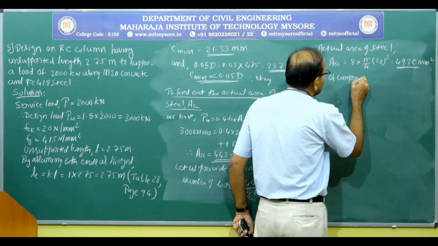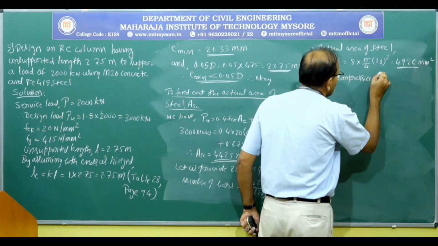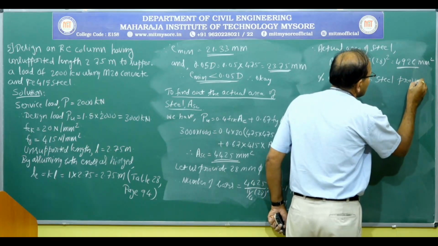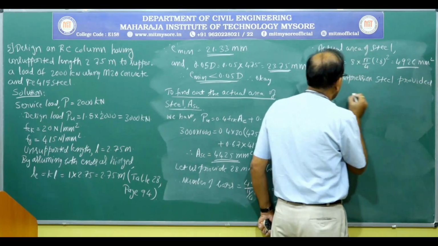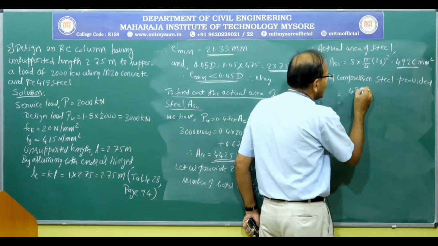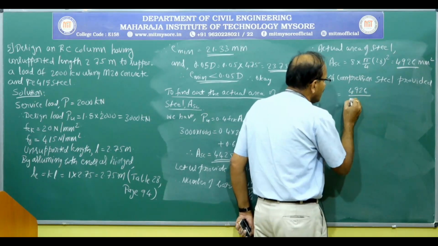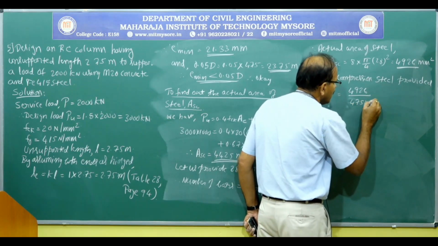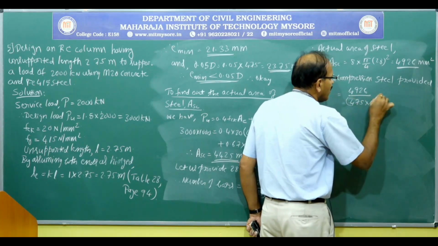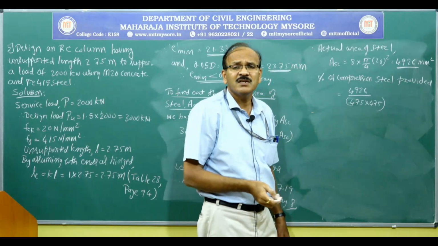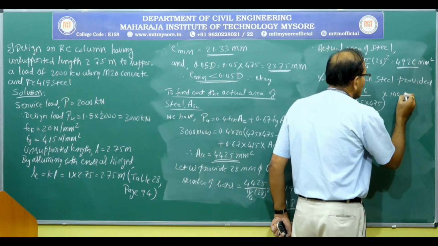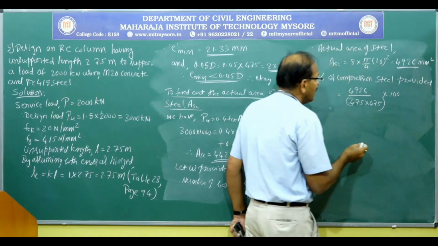provided equal to total area of steel and gross area of the column section multiplied by 100.